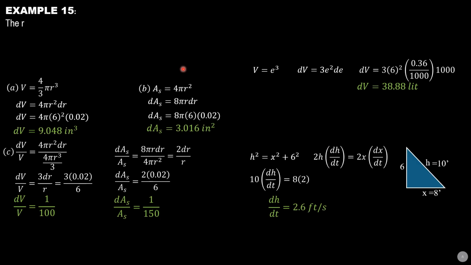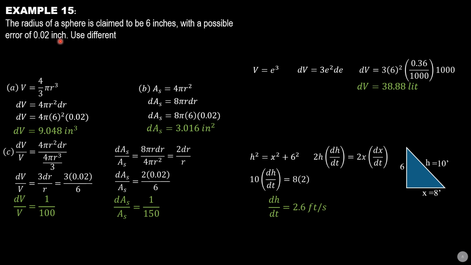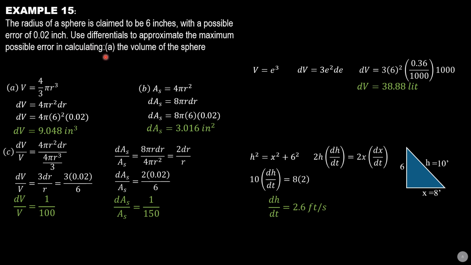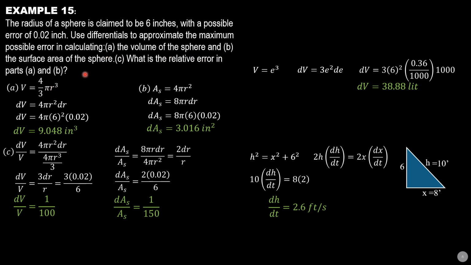Example 15. The radius of a sphere is claimed to be 6 inches with a possible error of 0.02 inch. Use differentials to approximate the maximum possible error in the calculated volume of the sphere, second, the surface area of the sphere, and third, what is the relative error in parts A and B. So first, for part A, volume of sphere is 4/3 pi r cubed.